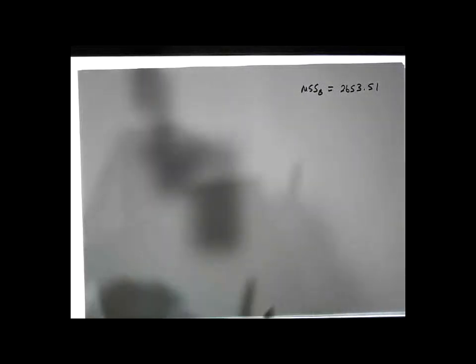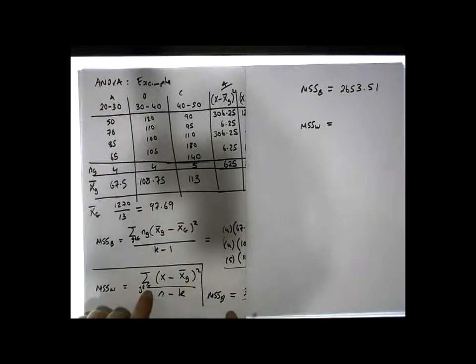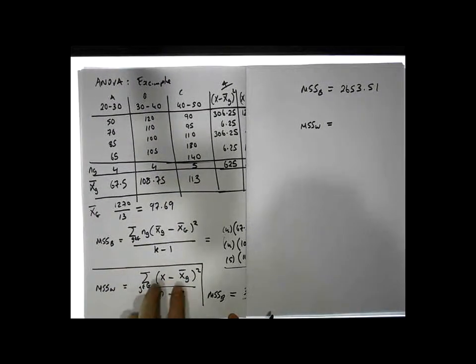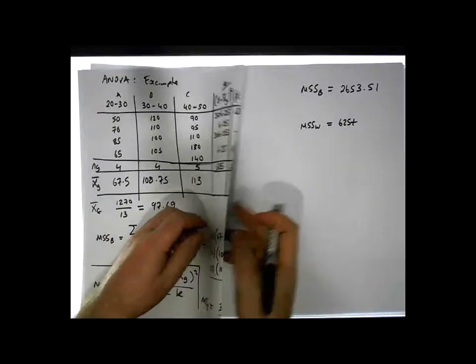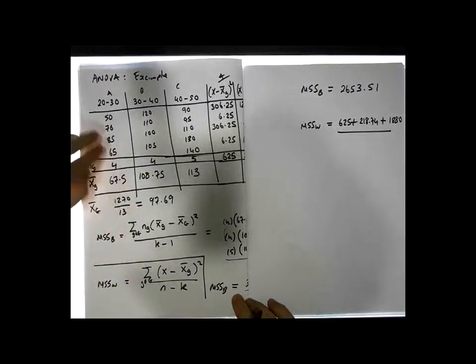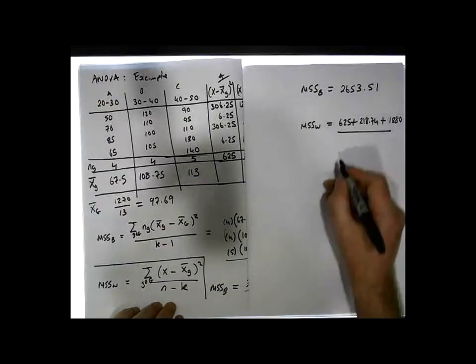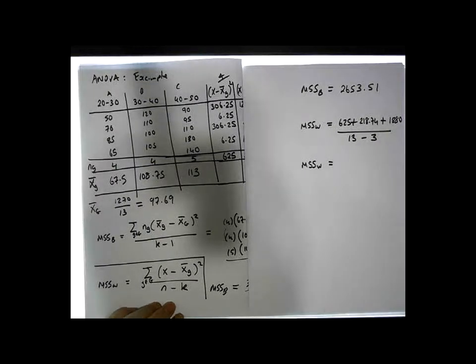Our mean sum of squares within measure, which tells us how skinny the distributions are, is the sum of the squared distances for each of our groups, which is effectively the sum of squares for each group: 625 plus 218.74 plus 1880, divided by the total number of observations, 4 plus 4 plus 5 gives us 13, minus the number of groups, which is 3.